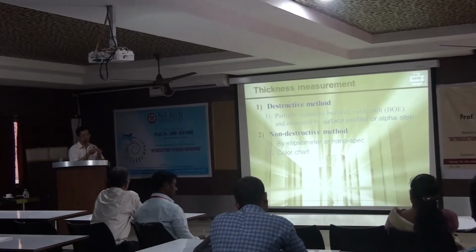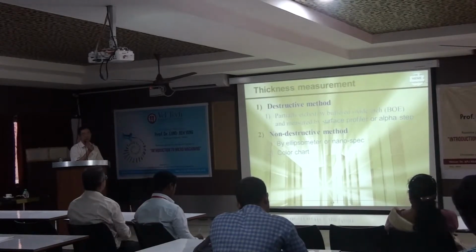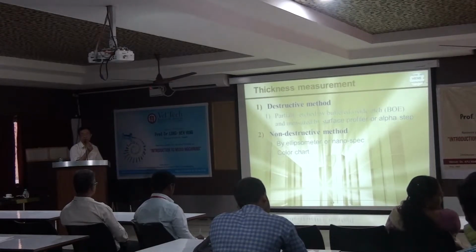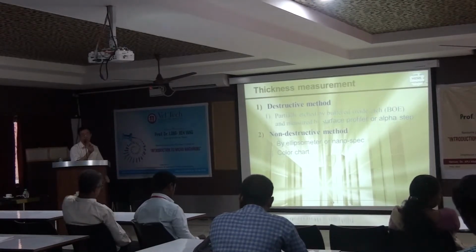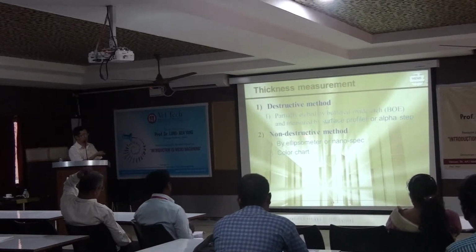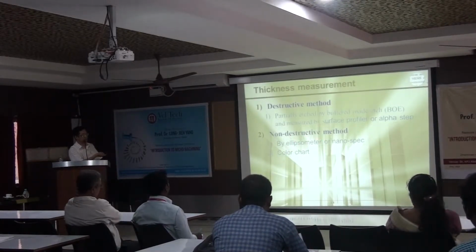They use some polarized optics to help us identify the thickness, or even more the refractive index and the quality of the oxide growth. So it's a very important measurement tool, the ellipsometer. Nanospec is a much easier machine.